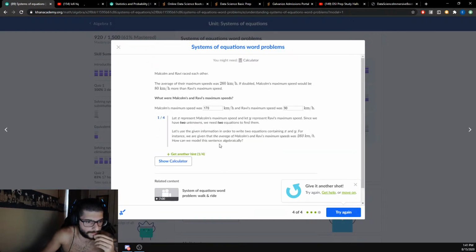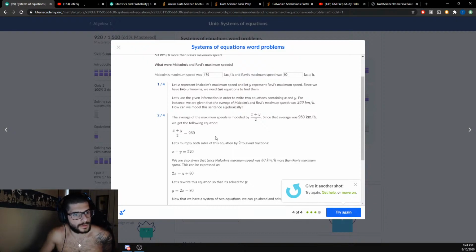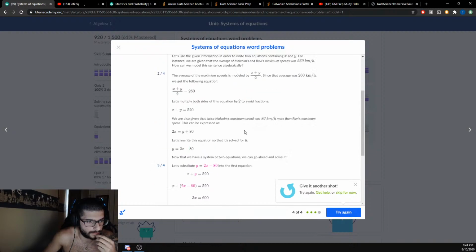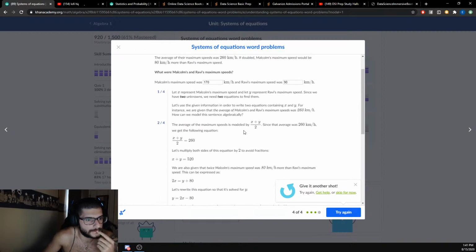Fuck, that didn't work. Whoa. Plus y divided by 2 equals 260. So multiply by 2. 2x. So I cancel.